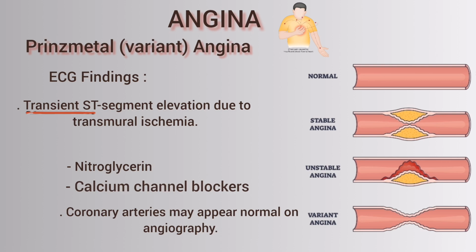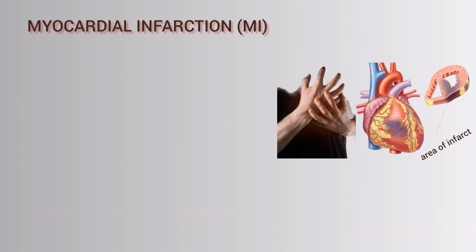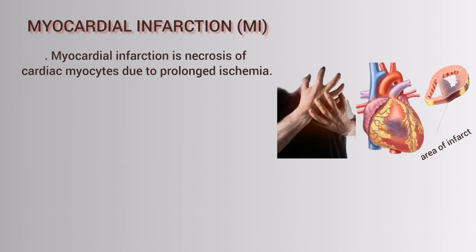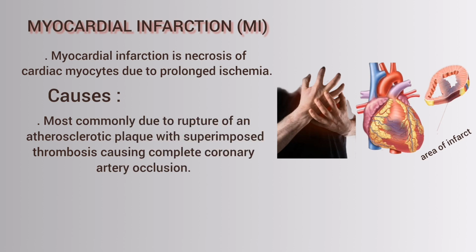The next discussion is myocardial infarction. Myocardial infarction is the necrosis of the cardiac myocytes due to prolonged ischemia, most commonly due to the rupture of an atherosclerotic plaque with superimposed thrombosis causing complete coronary artery occlusion.